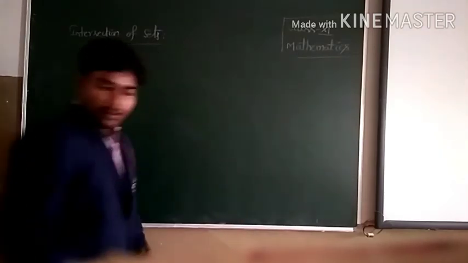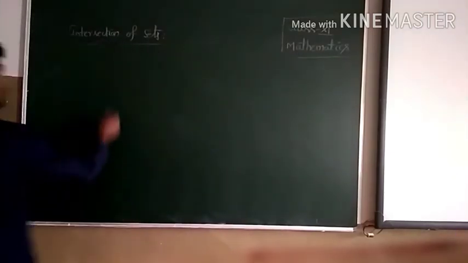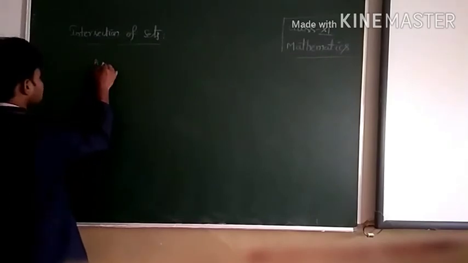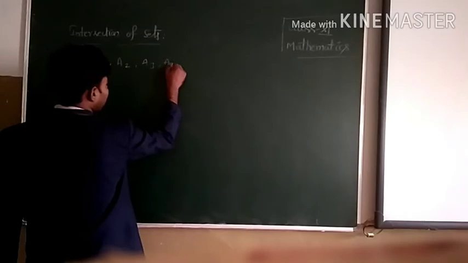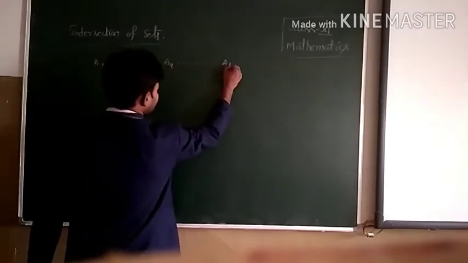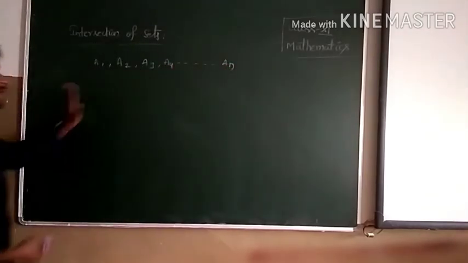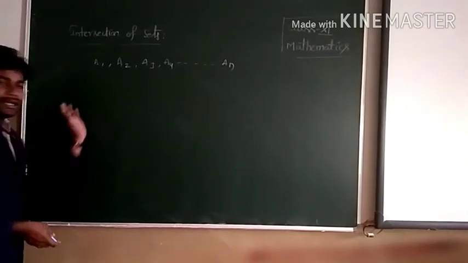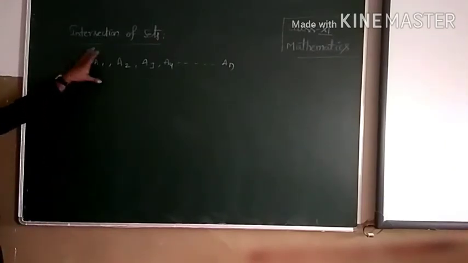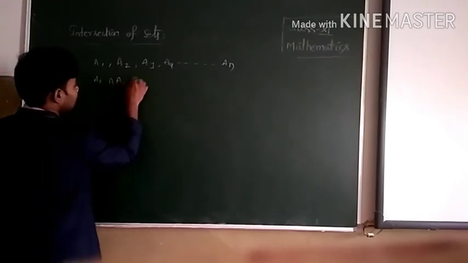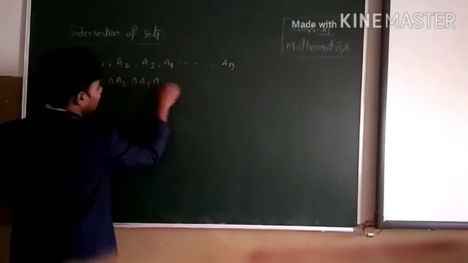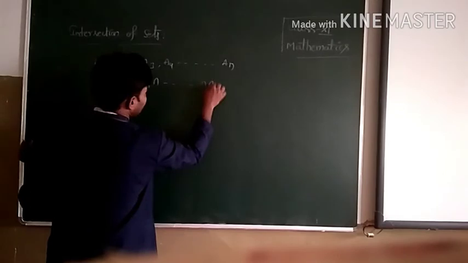Now the next operation. Before that, we can represent a finite number of sets. Suppose A1, A2, A3, A4 and so on up to AN. Finite number of sets are there. We can write the representation of intersection of sets like this: A1 intersection A2 intersection A3 intersection and so on up to intersection AN.